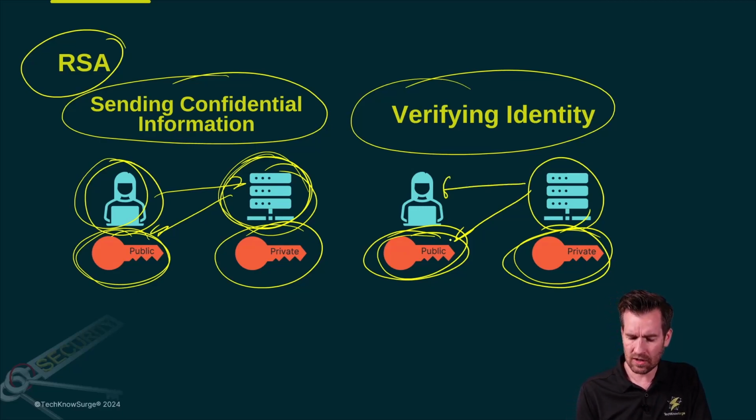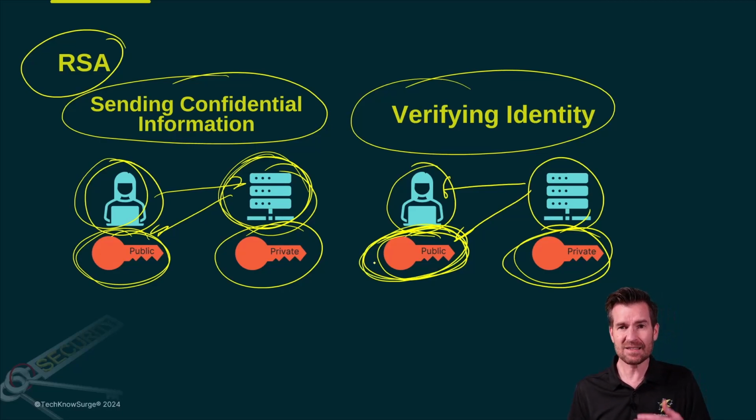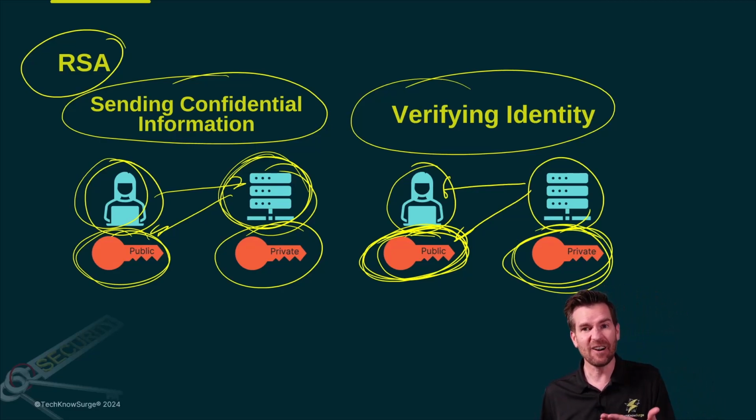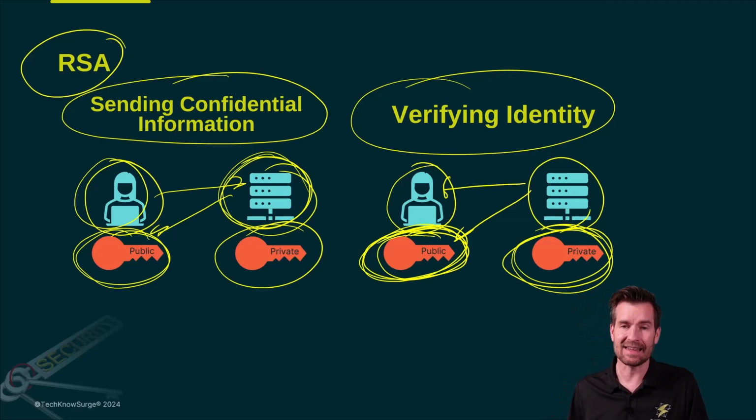If this user can unlock that data with this public key, then this user knows that this public key has been sent from this private key via that data. So this is a way of verifying some sort of identity. And we call this public key cryptography.